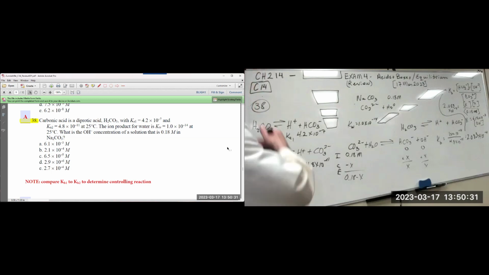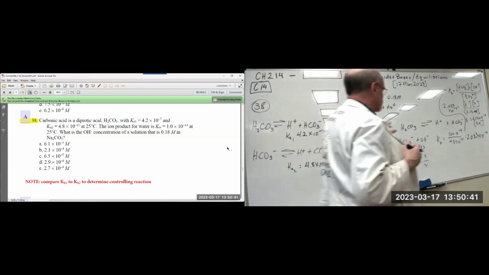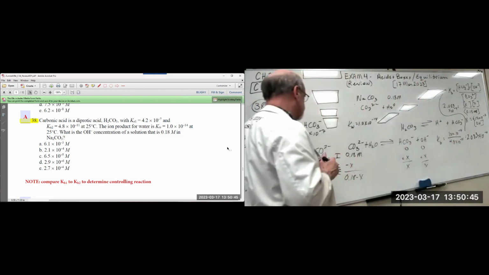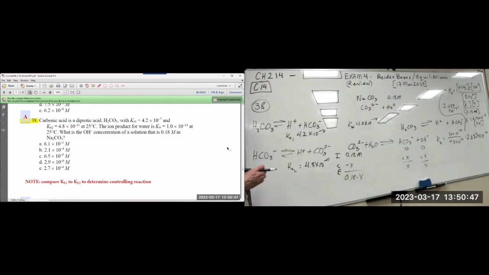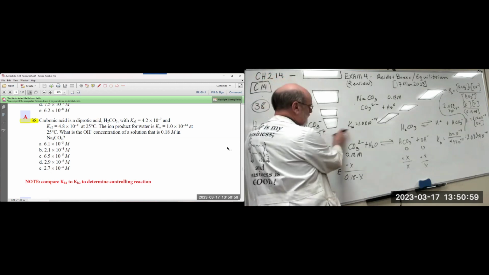Now, my question would be, once you've got HCO3 minus, which is a fairly strong base of its own, what would be the Kb here? Would it be a competitor for that one?